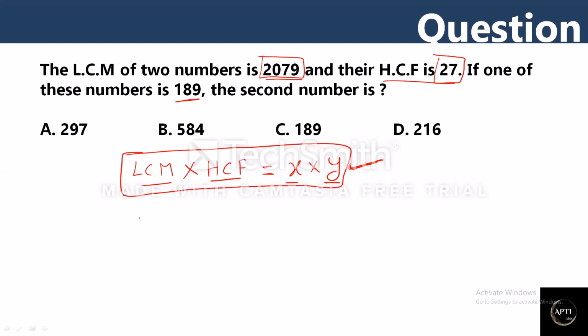Here the LCM of two numbers is given as 2079, and the HCF given is 27, and if one of these numbers is 189, either x or y, we need to find the second number. Now we know all these values except y, so we can easily calculate y: 2079 into 27 divided by 189.